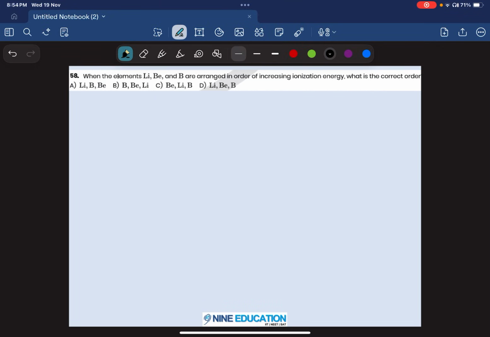Then question number 58. When the elements lithium, beryllium, and boron are arranged in increasing order of ionization energy, what is the correct order? IE1 we are talking about here. Let us write down the configurations of all of these.